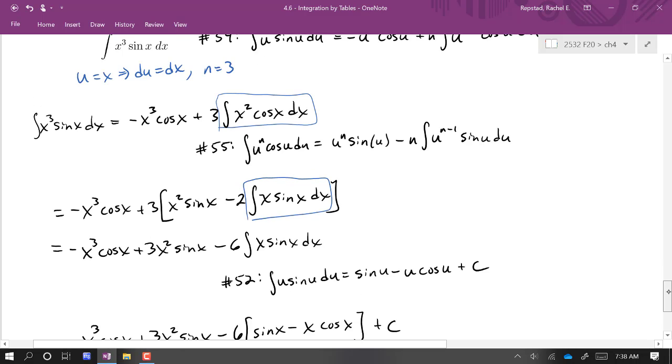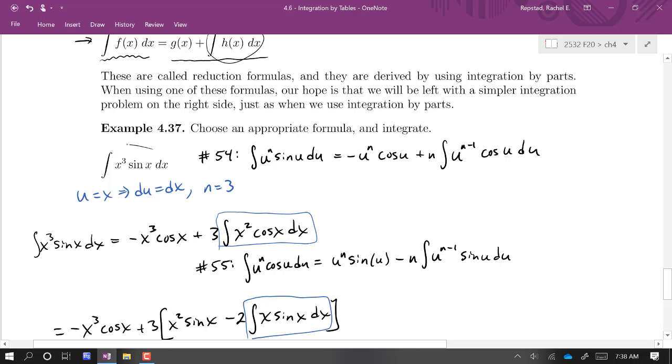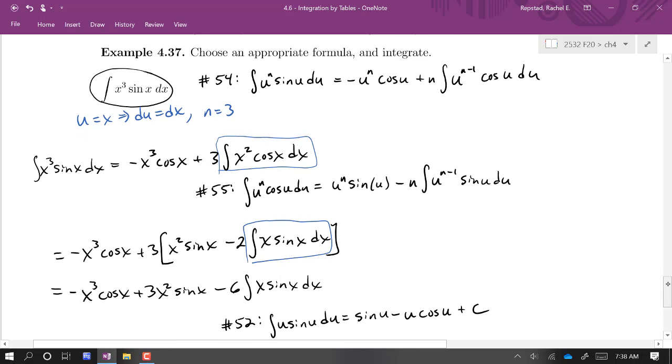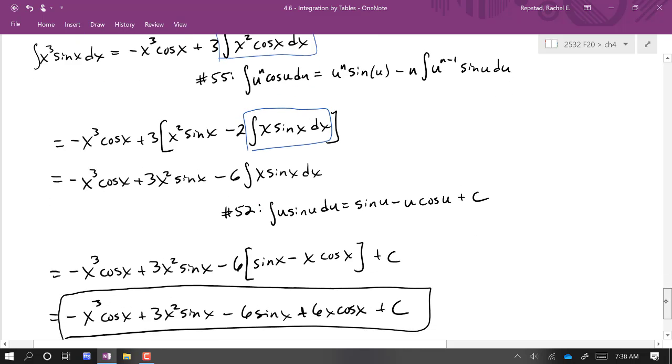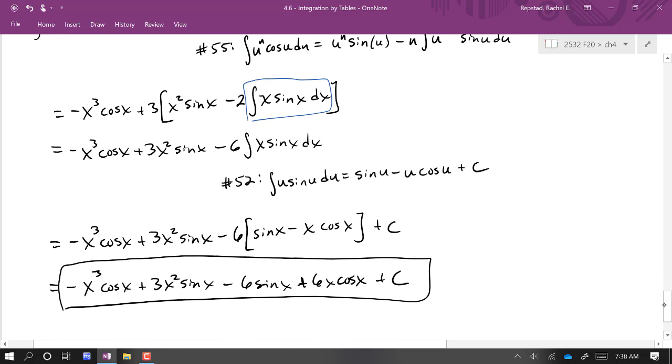We could have done this problem by using the tabular method that we learned in integration by parts, where we set up that table with u and du and dv and v and chase those down. That was in section 4.2. Near the end, we did an example like this. And I think you'll agree that the work we had to do using the tabular method was less work than hunting down the right formulas and filling everything in 3 different times.